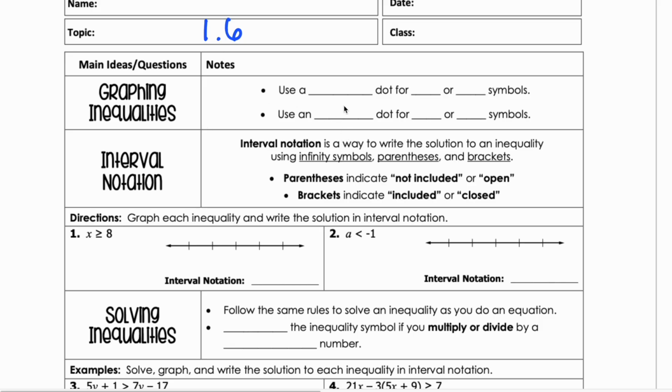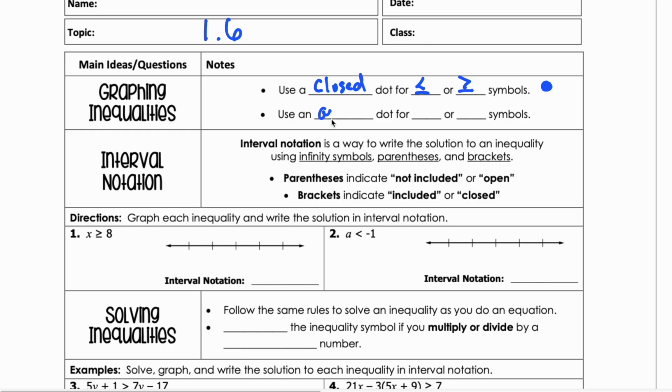So when we're graphing inequalities, we are going to use a closed dot for anything that has the equal symbol underneath it, so less than or equal to, greater than or equal to. If you just want to draw a picture of what that might look like, it's going to look like this, just a bubble that's colored in.